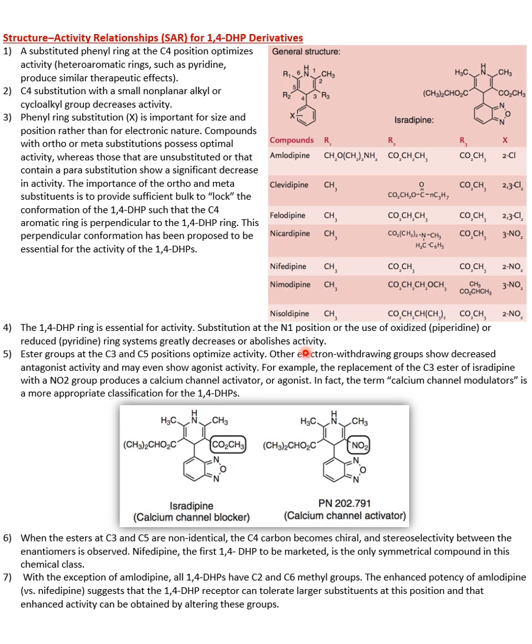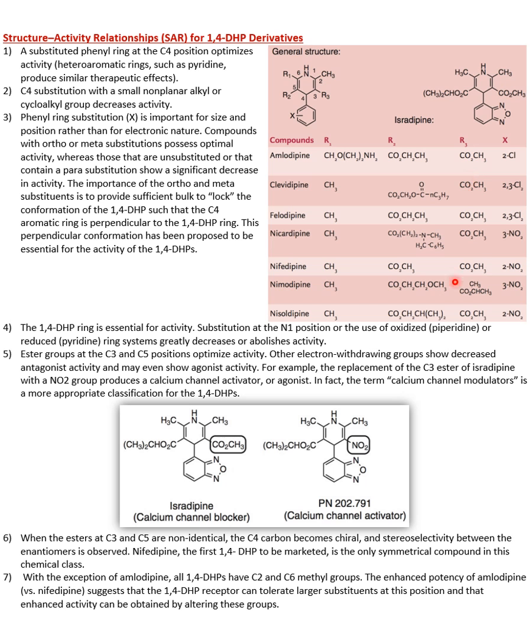And then the next point here talks about the ester groups at position 3 and 5, which is here at R2 and R3. The ester group is actually important for the activity, and if it is substituted by a nitro group, for example, then the activity will be lost.